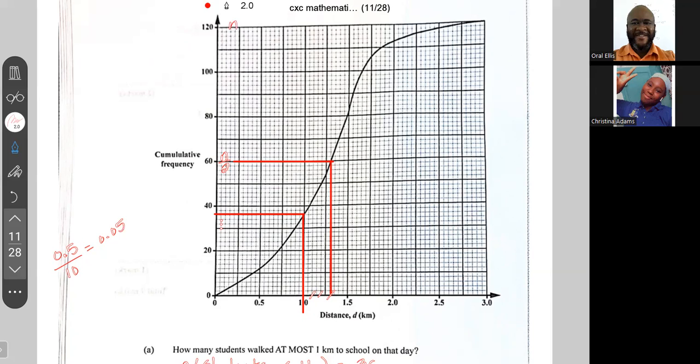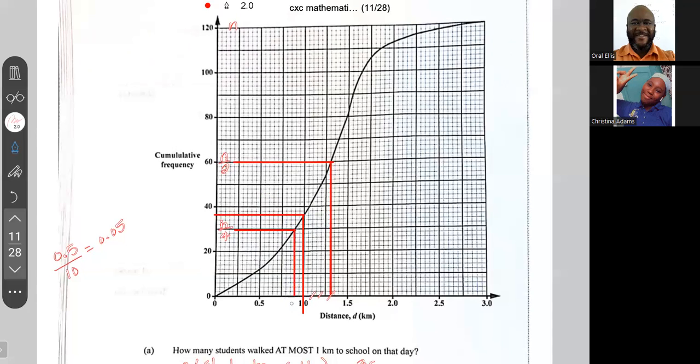A quarter of N, or N over 4, would be 30. So at 30, I'm going to come across, and when we hit the curve, I stop. Then I draw a vertical line down. Whatever distance is at the end of the vertical line, that is Q1.